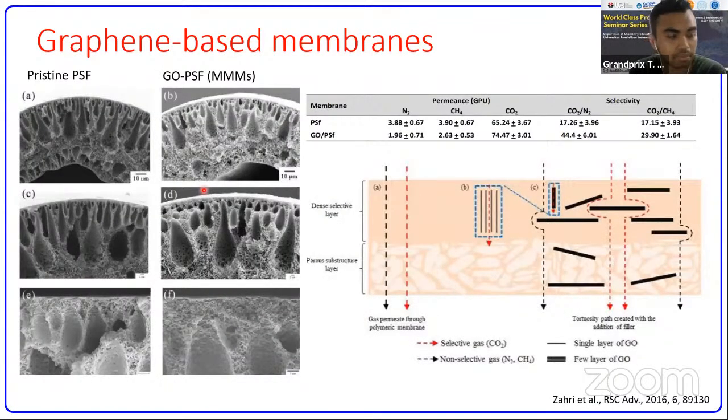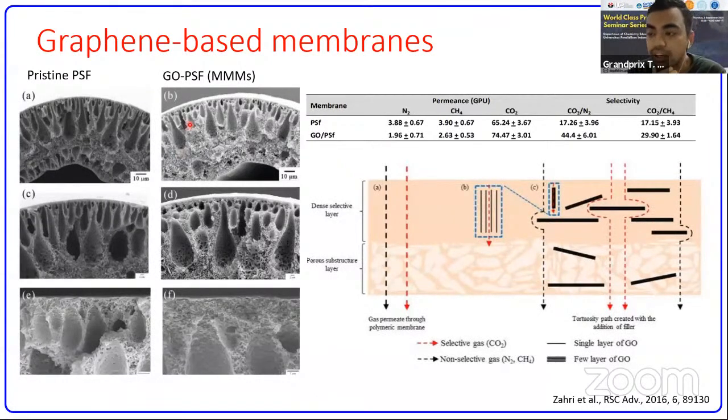This is an example when we combine graphene oxide with PSF, the polysulfone membranes. We cannot distinguish them just based on the SEM, because they appear to be the same.